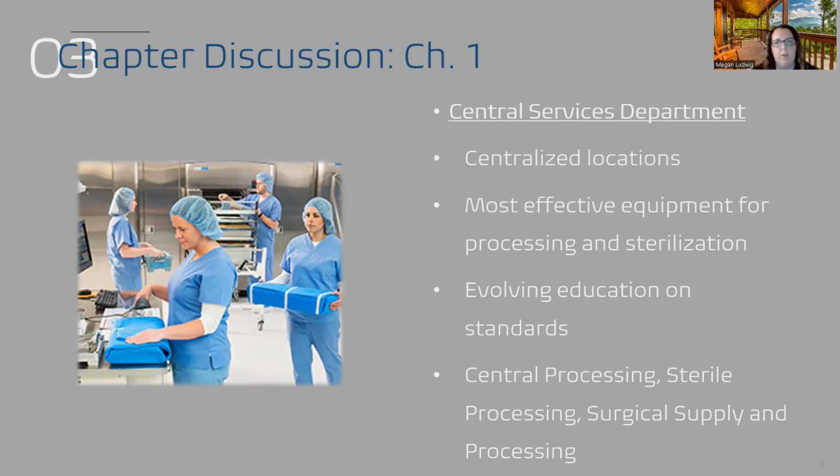Things may have to go back to the 3rd floor, may have to go back to the ER, things that the ER trauma team needs to work on a patient in the ER. Okay, so it is central. They work for the entire hospital. They are really the heart of the hospital, if we're being honest. Okay, without them, really nothing else could get done, honestly.